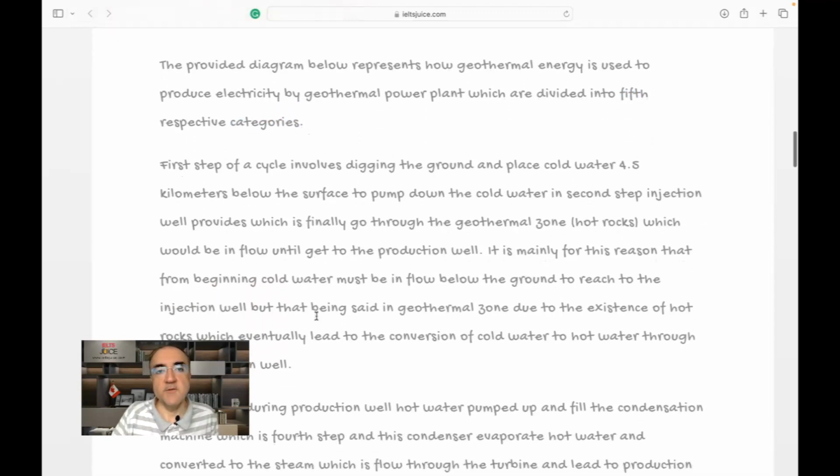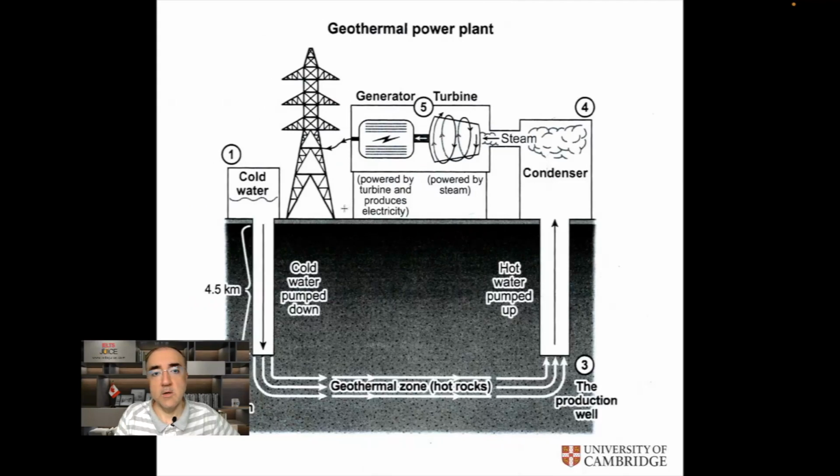First step of a cycle involves digging the ground and placing cold water 4.5 kilometers below the surface. We don't dig the ground, we haven't done digging, I don't see that, and then we don't place the cold water 4.5 kilometers below. We just pump it down. We place it here, it's already there.